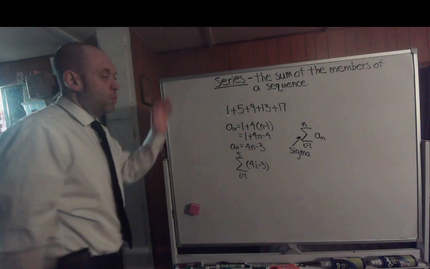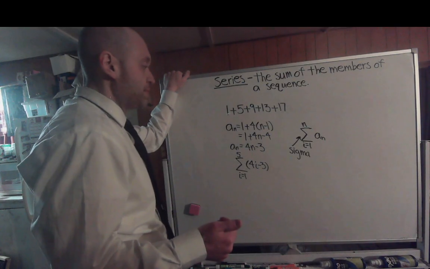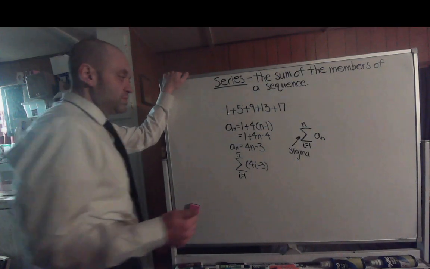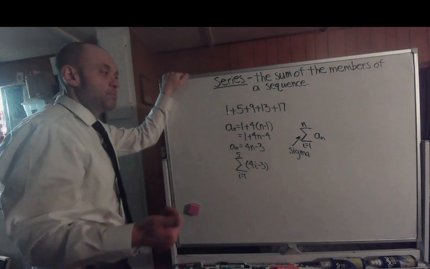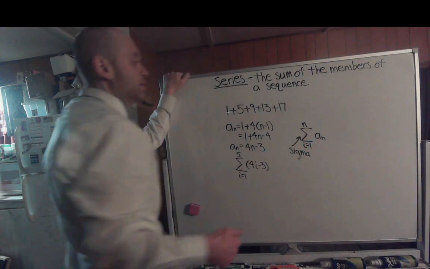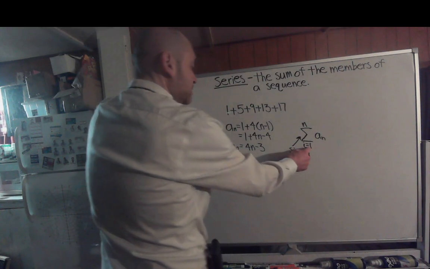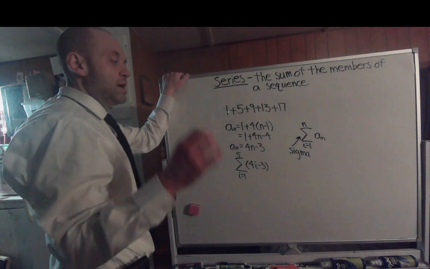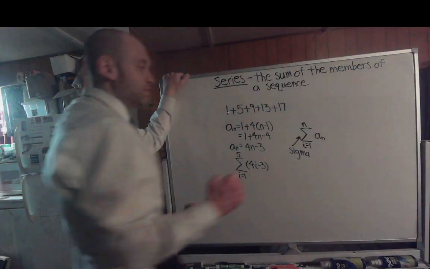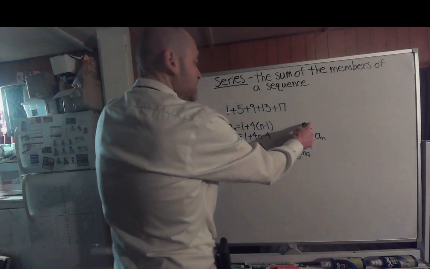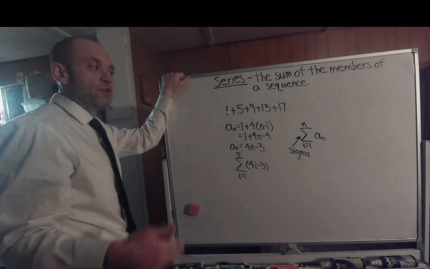Now, when it comes to adding these together as a series, what you use is called the Greek letter sigma. That means a sum. So this is the Greek letter sigma. Now, that i equals 1 on the lower side, that is the first value you put in. That is the very first value, and then n is your upper limit of summation, which means how many are you going to sum up.